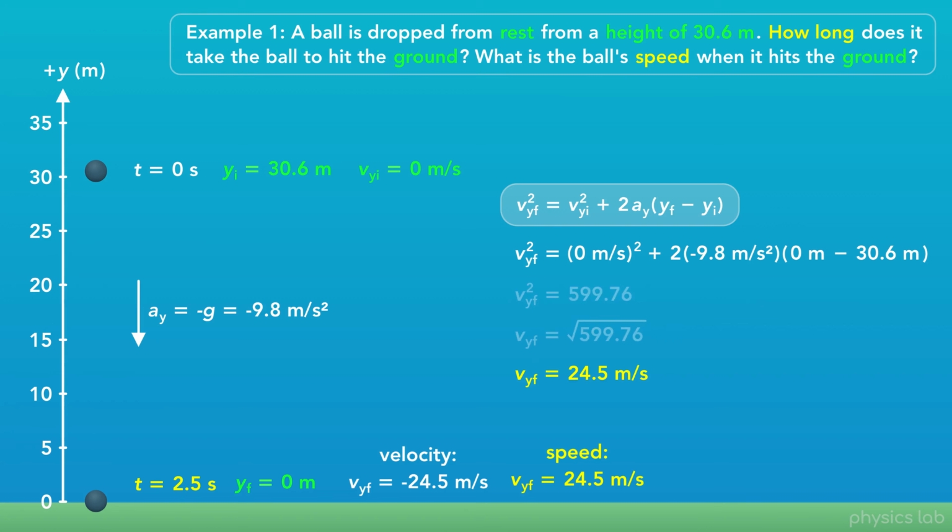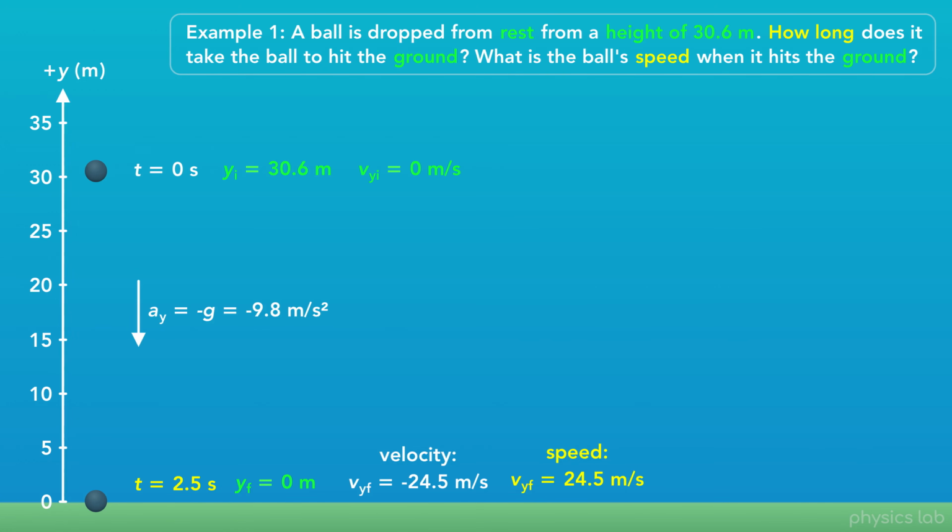If you want, you can keep the values and take the square root of that, so you don't have to round anything in the middle of the calculation. Notice how this equation will always give us a positive value for v, because it's squared in the equation. So it's going to give us speed, the absolute value of velocity.